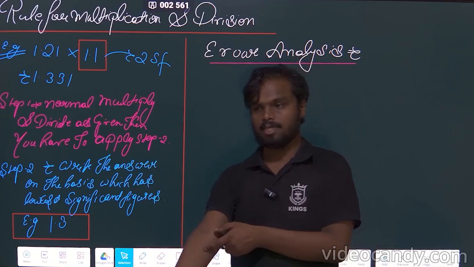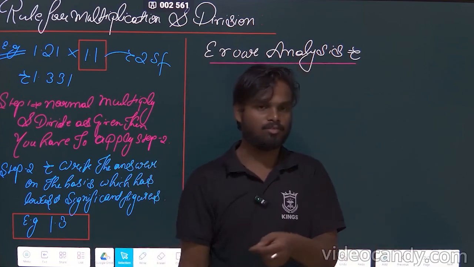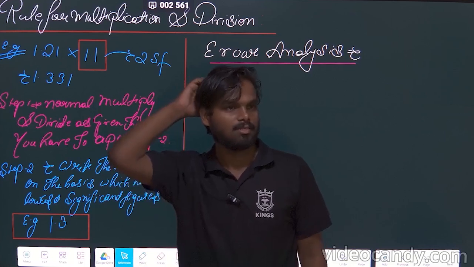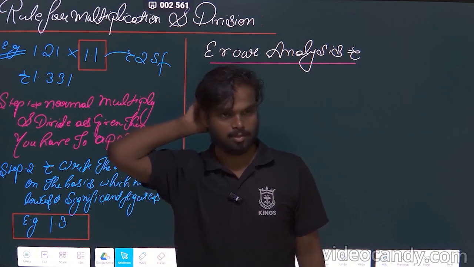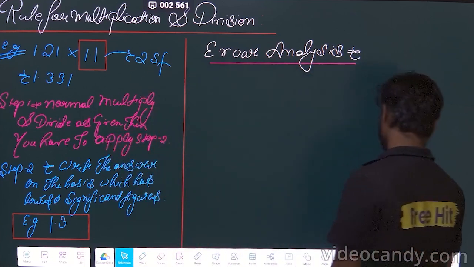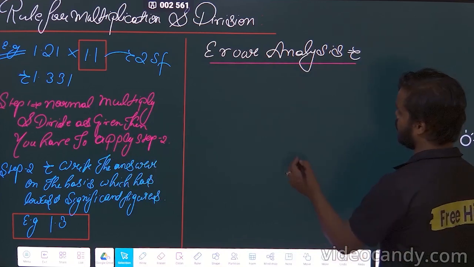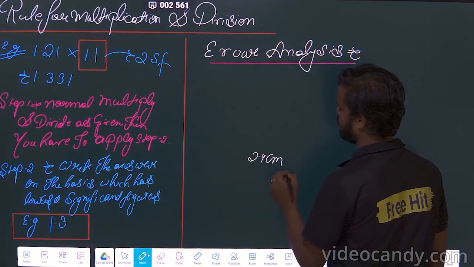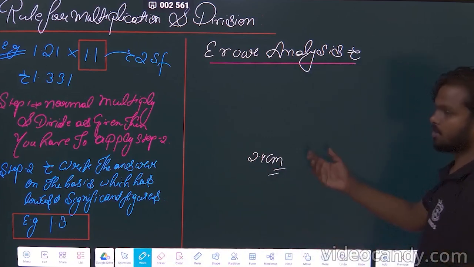You bring a centimeter scale, a normal meter scale, and you measure the length. Suppose according to you the length came to 2.4 centimeter. You come and tell me, sir, the length is 2.4 centimeter. I say okay, no issue.